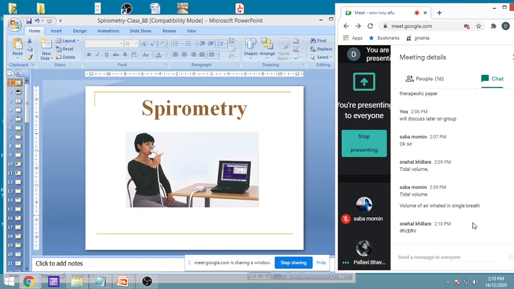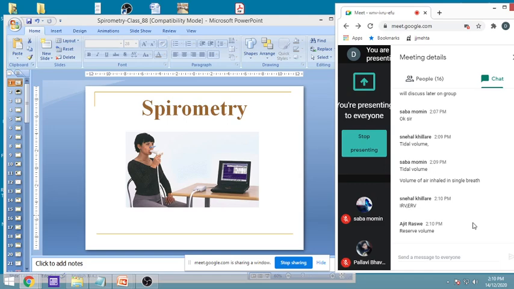How are these volumes measured? How are the tidal volume or ERV or IRV measured?